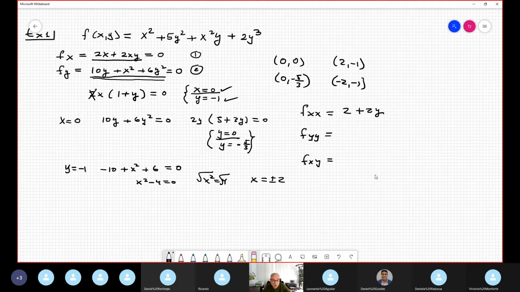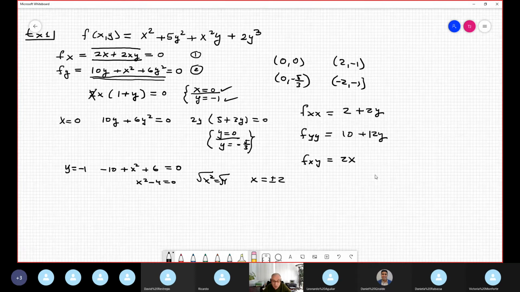You take this and differentiate with respect to y: the derivative of x squared with respect to y is 0, plus 12y, giving 10 plus 12y. Now f_xy. Either way, you take this, differentiate first with respect to x, and then differentiate with respect to y. Entonces, the derivative of x with respect to y is 0, and this is 2x. It's 2x.